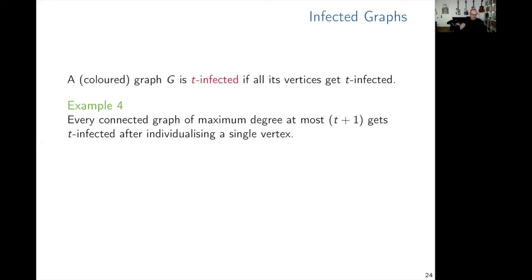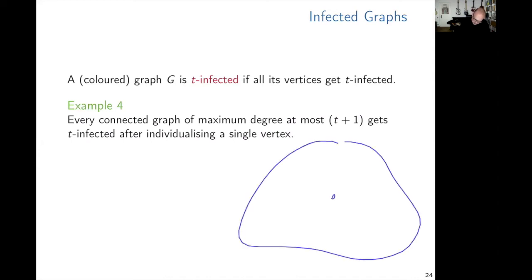We start with one vertex. Okay, let's see. We have our graph here. We start with one vertex. That's the first one. That has its own color. Now it has some neighbors, 3 neighbors, say. Okay, actually I should say maximum degree t. I made a mistake there. Okay, so we have the 3 neighbors. Now if I do color refinement, this one here already has a special color like this blue-white.